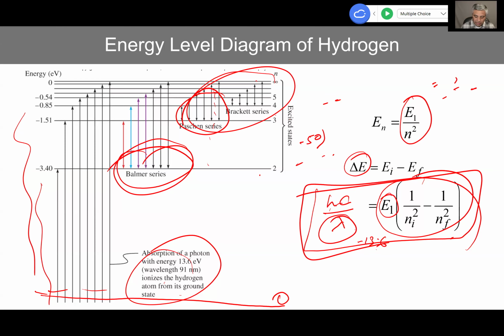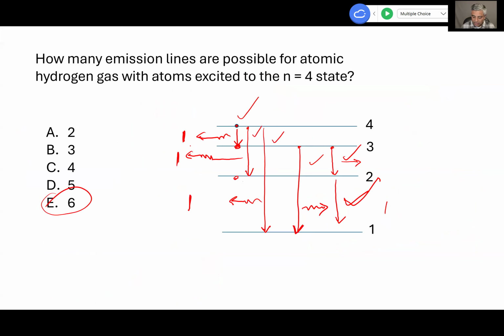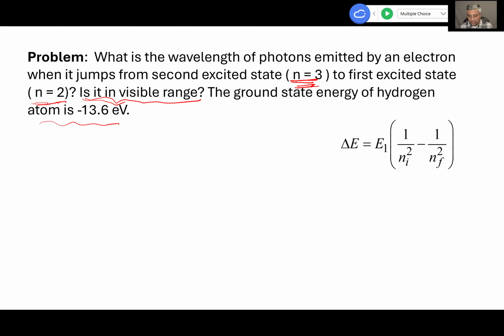There may be radio waves too, I forgot; I usually don't pay attention to that. But this is visible, so now it's going to be in the visible range. That's what we expect.